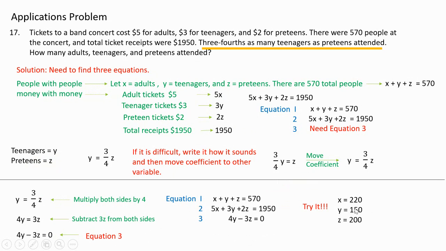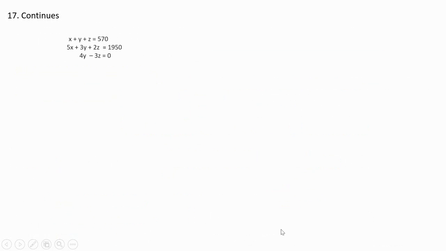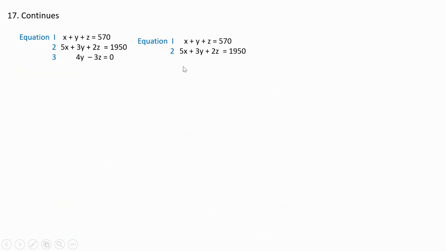So these are my solutions. Okay, let's do it. Remember the setup? I'm going to use equations 1 and 2 to get rid of the x's. So I'm going to multiply equation 1 by -5. Why? Because -5 times x will give us -5x. Then when I add them, they'll be eliminated.